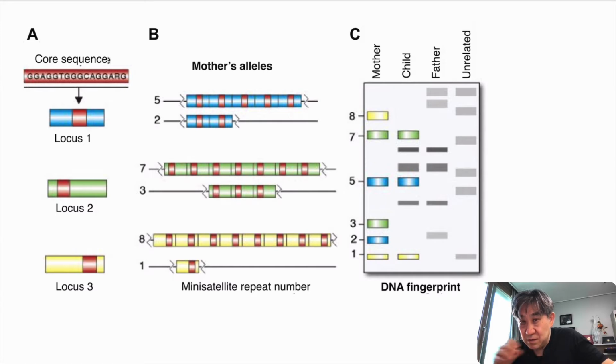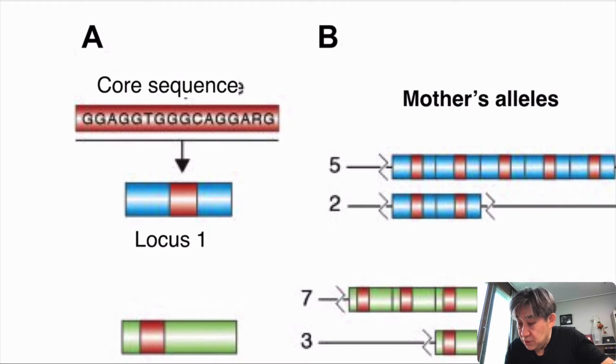It's not actually about DNA sequencing, but usually it's done by testing how many repeats there are and whether that repeat pattern matches. This is a very simplistic example scenario. Let's say this particular imaginary sequence, GGA, GGT, GG, whatever, probably would be present in many different locations of the whole genome.